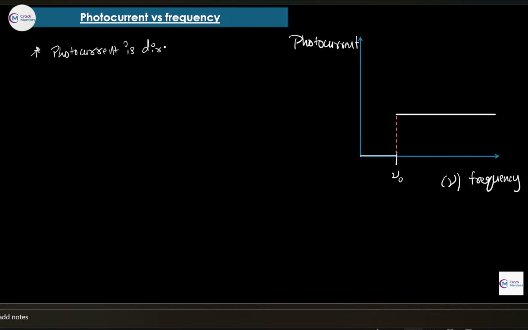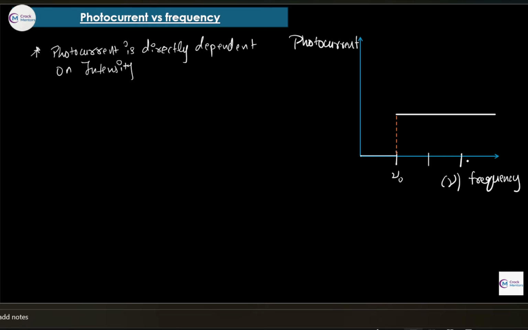It is not dependent on frequency. Photocurrent is obtained only when the threshold frequency is attained, and afterwards, whatever the frequency may be, there would not be any increase in photocurrent value. This is the graph I was talking about.